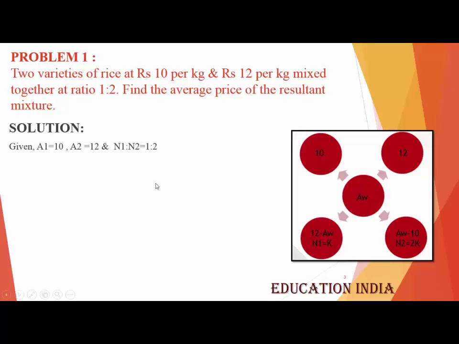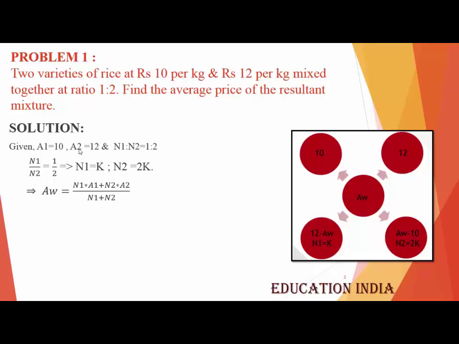So the pictorial representation of the given question is this, and the corresponding data has been fed here. The ratio N1 and N2 has been given as 1:2. We can assume N1 to be K and N2 to be 2K. Now we have N1, N2, A1, A2 in our hand.